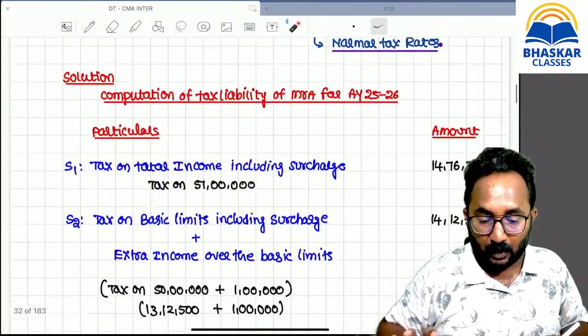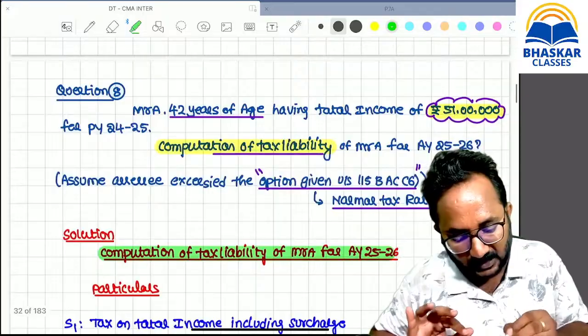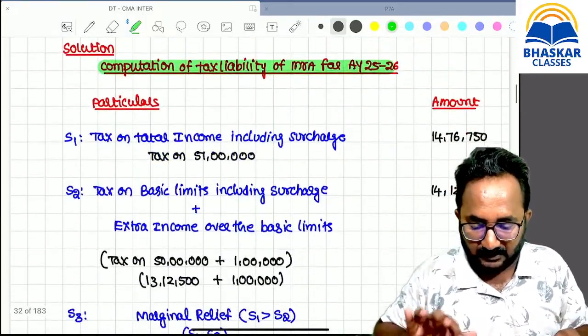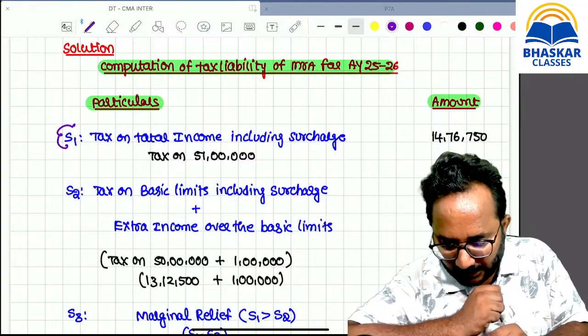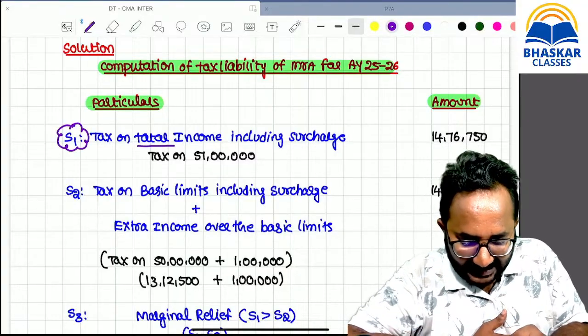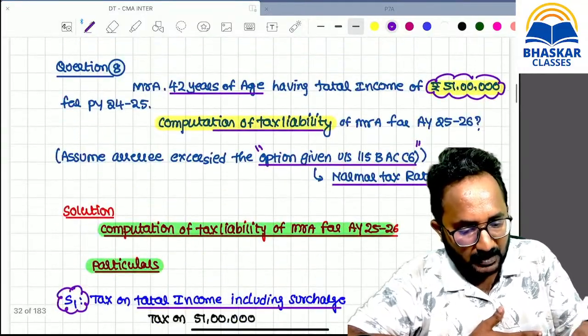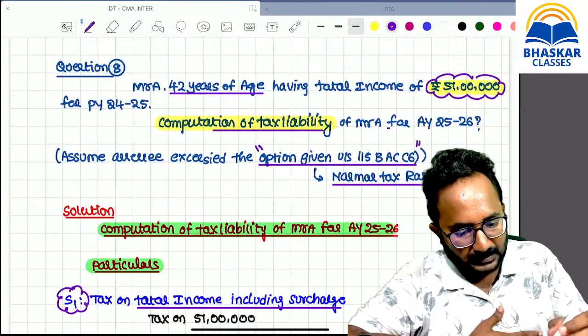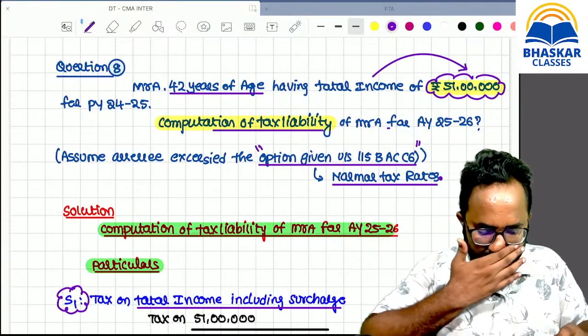So please solve the problem in a different format. For computation of tax liability, the tax liability computation requirement is given, with particulars and amount. Please remember these steps, very important. Step 1: Calculate tax on total income including surcharge. What is the total income given in the question? 51 lakh.